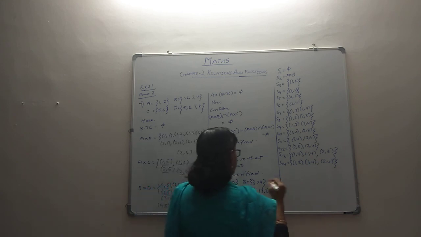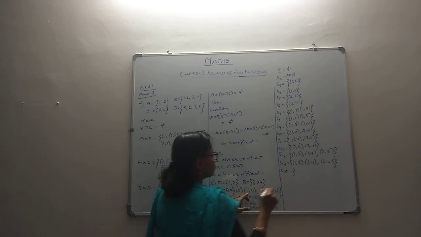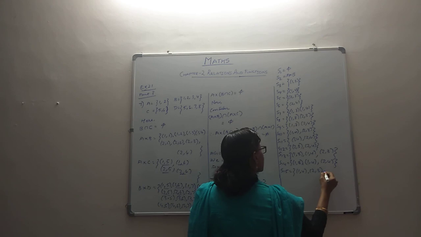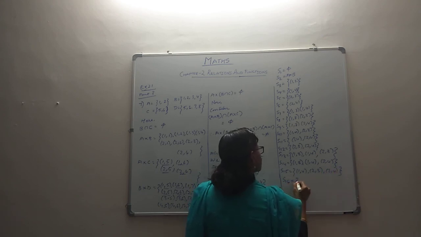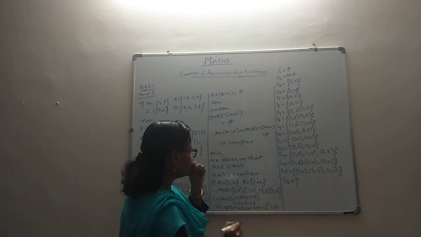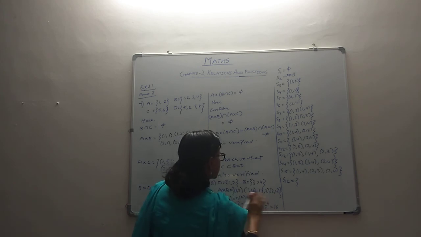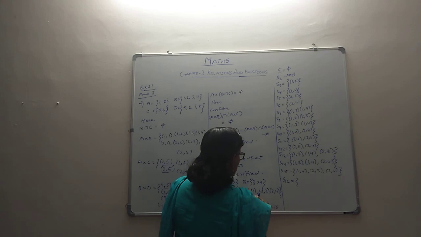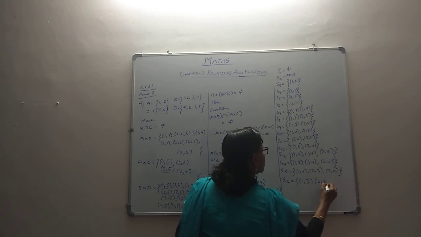Then S15: {(1, 4), (2, 3), (2, 4)}. Then S16. We started with (1, 3), (1, 4); this is over. These are over. So you could also have {(1, 3), (2, 3), (2, 4)}. Just check.